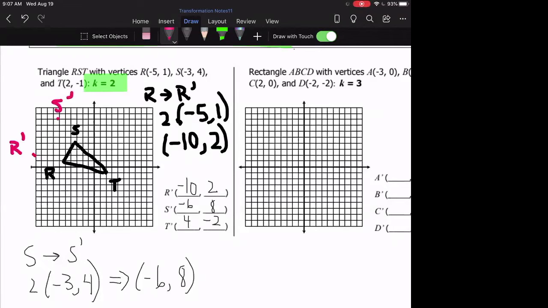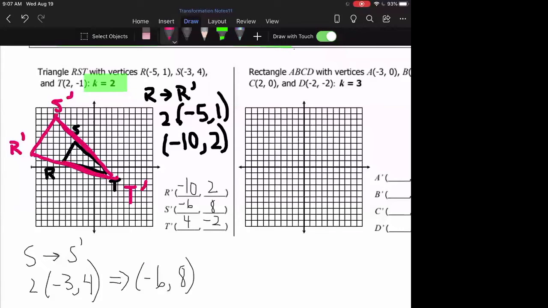And then 4, -2, which is T prime. So then when I connect these, we see that they're the same shape, but they're different sizes.